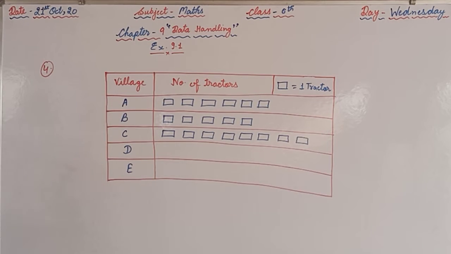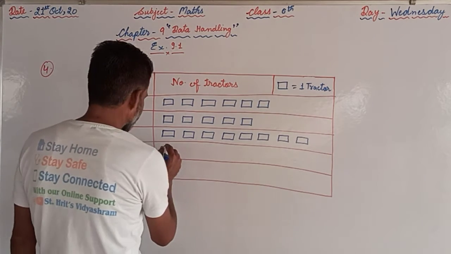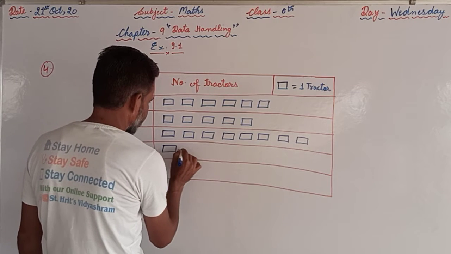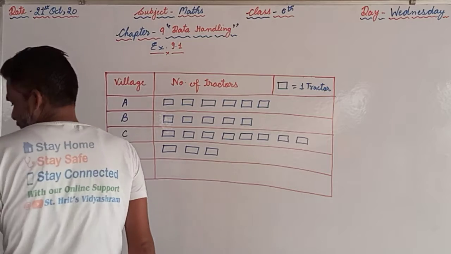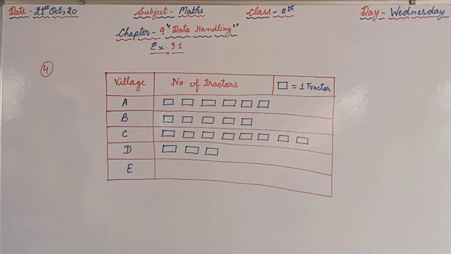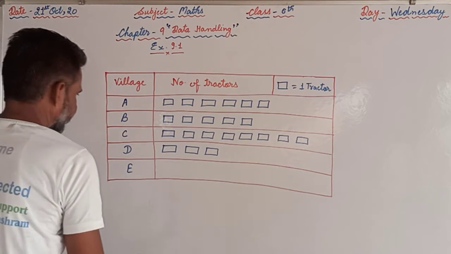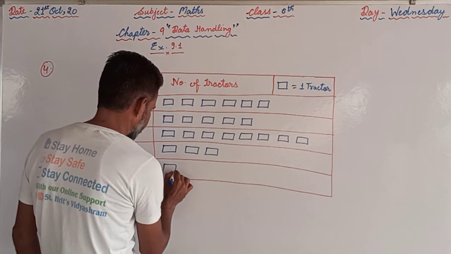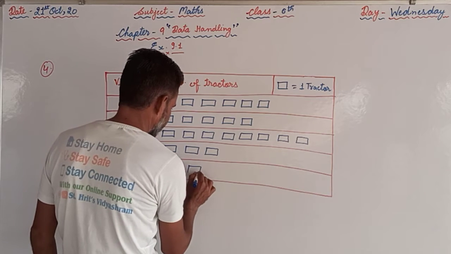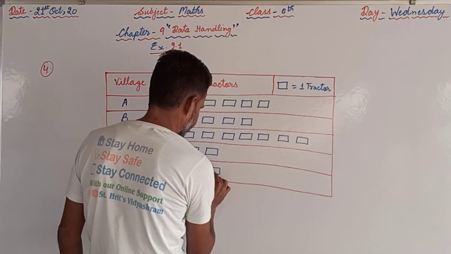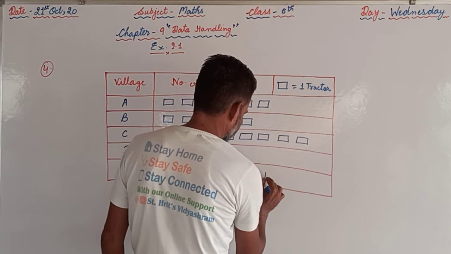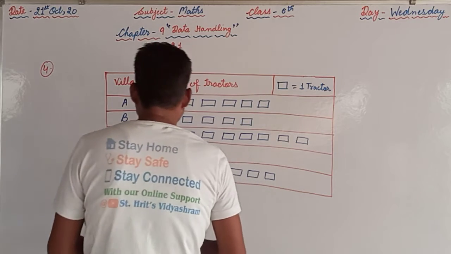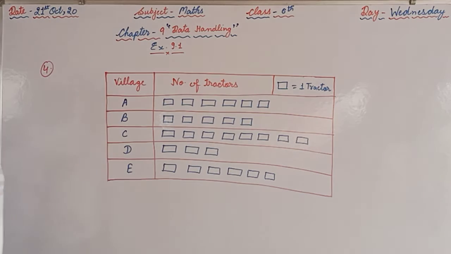Then in village D there are 3. So 3 boxes will be there. In E, 1, 2, 3, 4, 5, 6. So like this the pictograph is there.